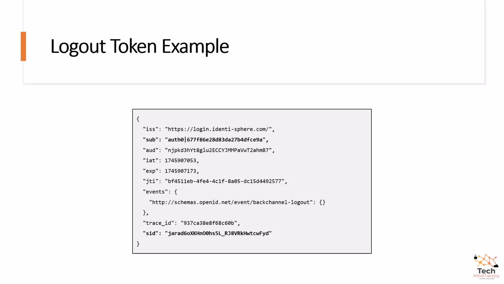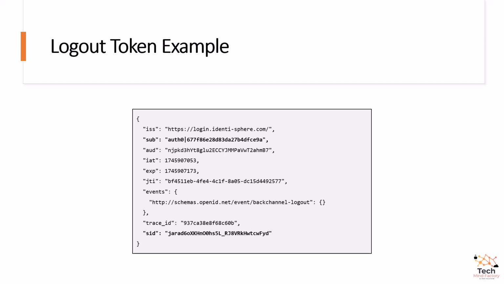Okay, so I said logout token when calling applications. This is an example of the logout token, from my Auth0 tenant. As you can see, when we decode this token, there are some standard claims included, like the issuer, so my Auth0 tenant. But an important fact is that there is the sub claim, which contains the unique ID of the user from Auth0.